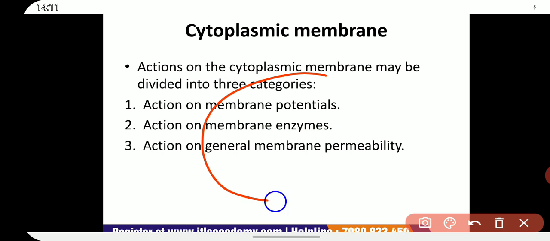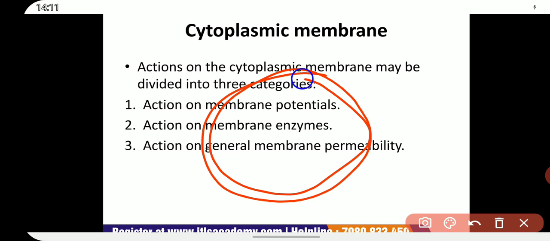As we know, the cytoplasmic membrane has charge differences. It is negatively charged on the inside and positively charged on the outside, because of ion differences.